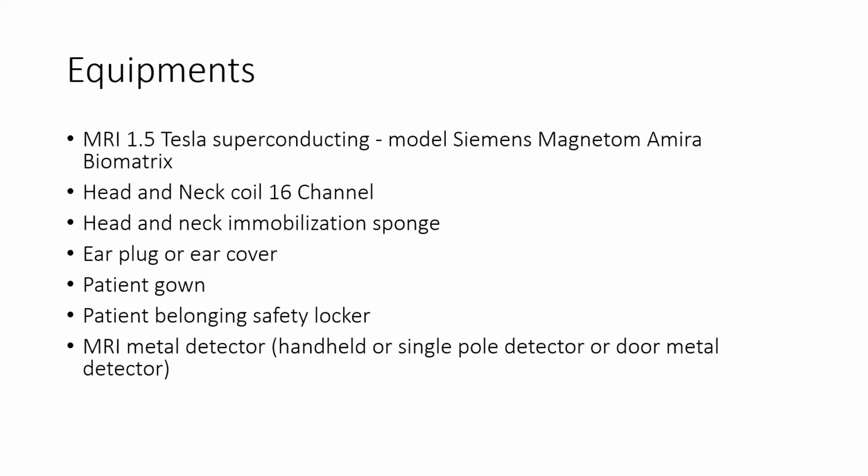Equipment preparation for MRI brain. In our center, we use an MRI machine with a 1.5 Tesla superconducting magnet. We use the Siemens Magnetom Amira with Biomatrix, a head and neck coil with 16 channels, head and neck immobilization sponge.